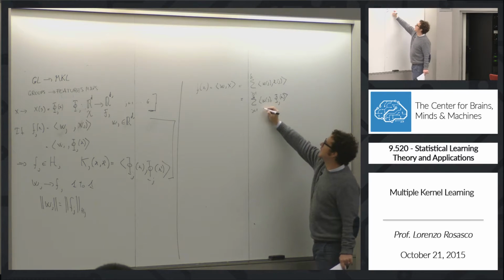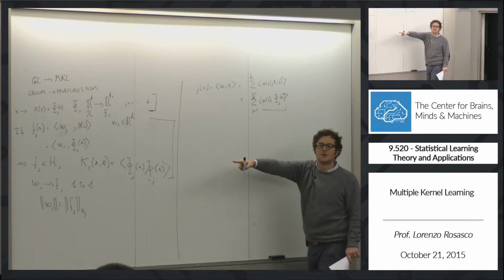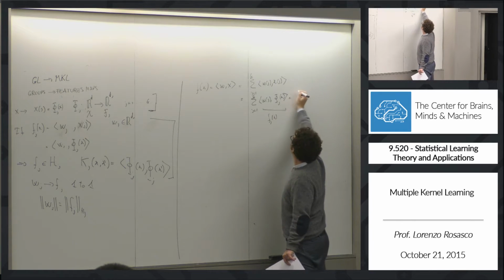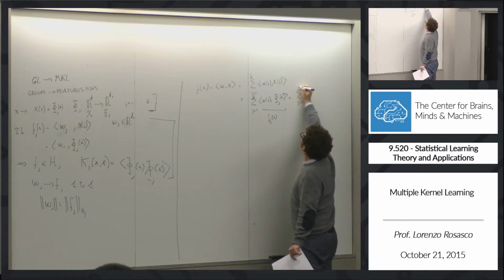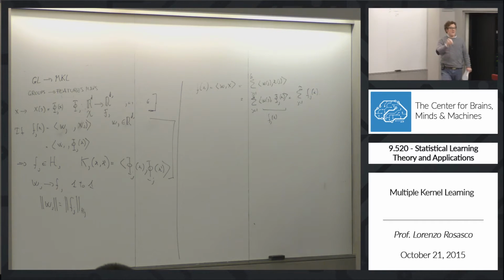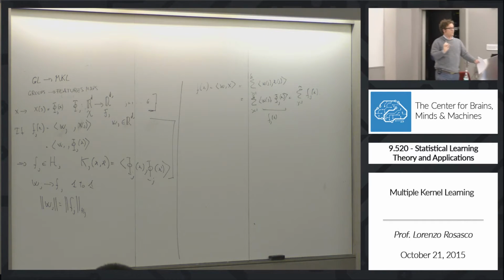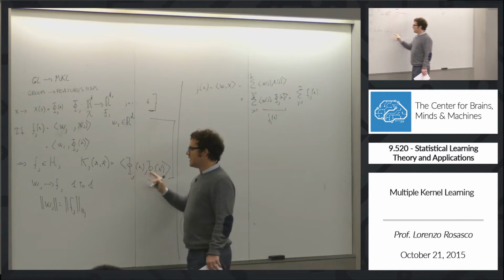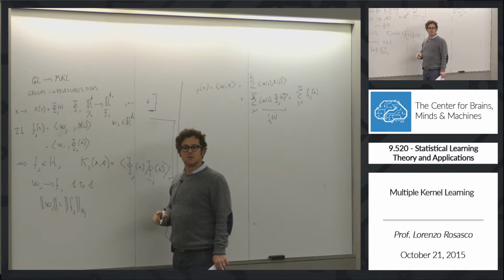But how did I call this? fj of x. Okay? So the f I'm looking for is a sum of fj. Each fj belongs to a reproducing kernel Hilbert space defined by this feature map through this kernel kj. Okay?